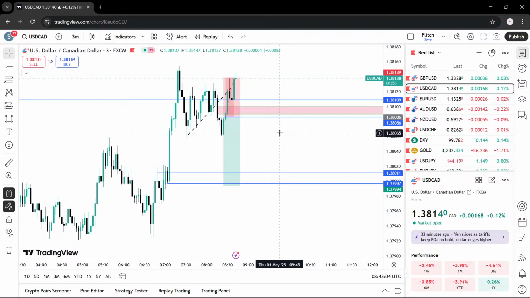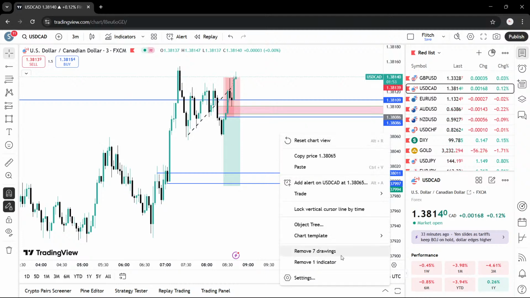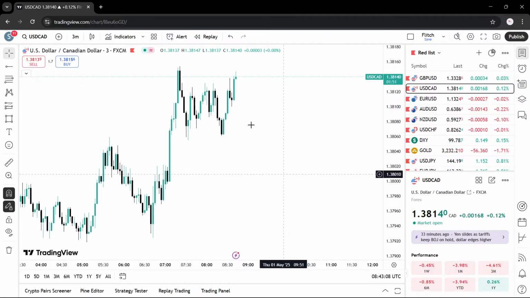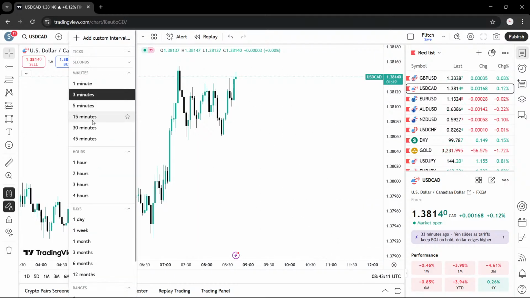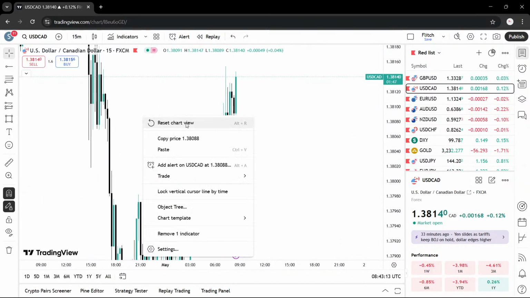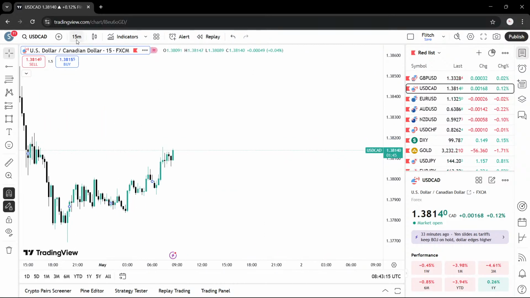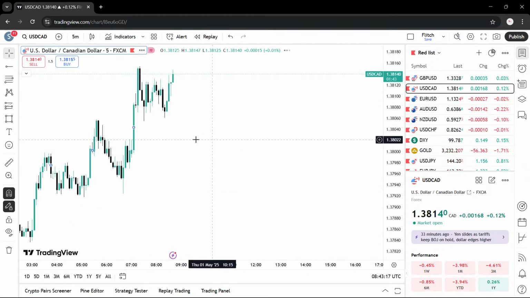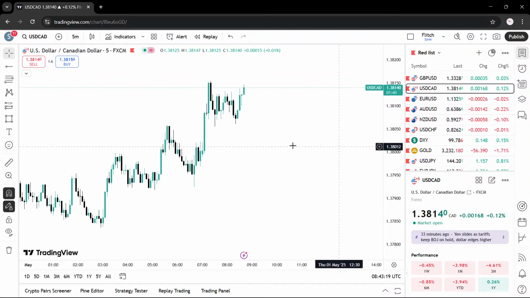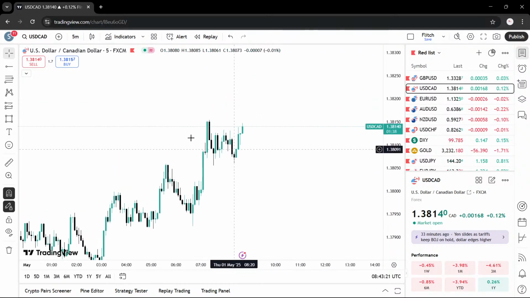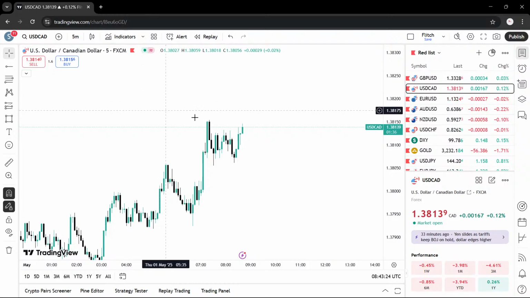So this is the USDCAD, currently in a consolidation phase. So we can see consolidating on the 5-minute time frame, and there's a bit of break of structure right there.